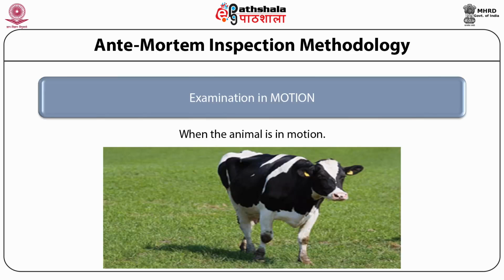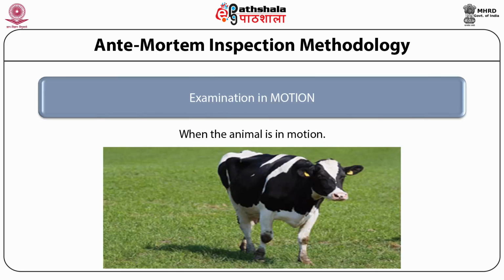He or she should direct the establishment employee to move all animals slowly and individually out of the pen and then back and forth while they observe each animal for abnormalities by viewing the head, neck, shoulder, flank, legs, and rumps.